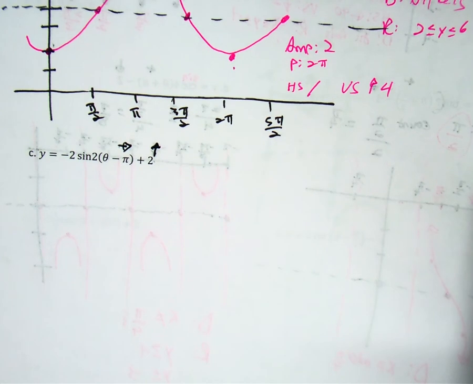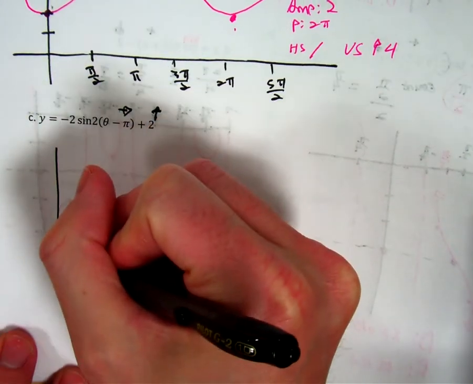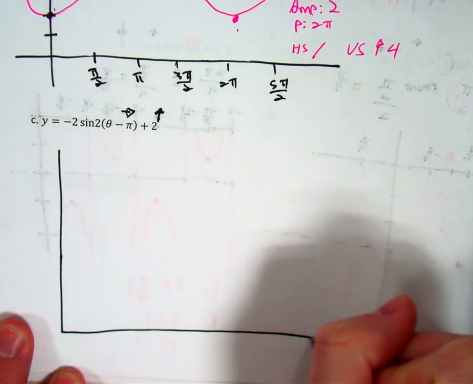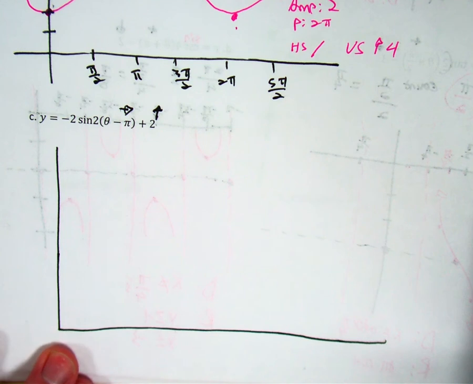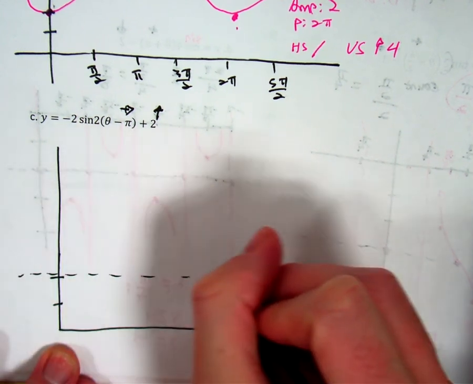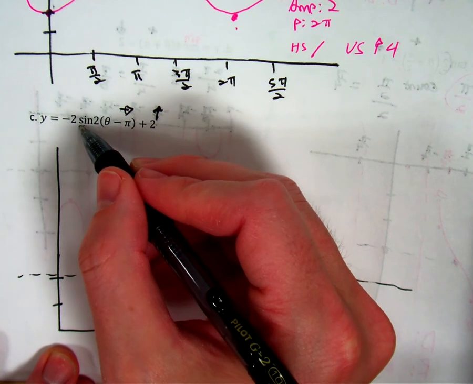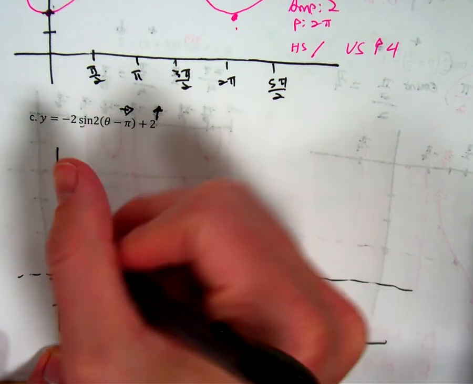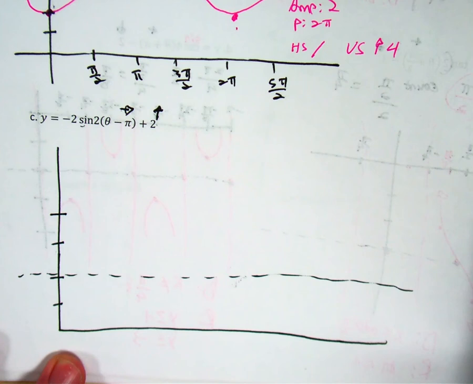So again, just primarily looking at quadrant 1. 2 up, 1, 2, there's my new midline. And I have an amplitude of 2, so I'm at least going to have 2 on the top of it. 3, 4.